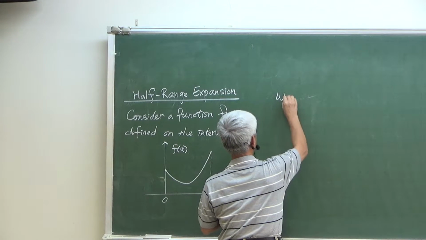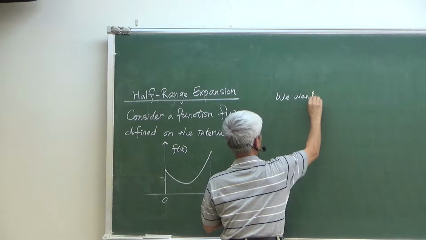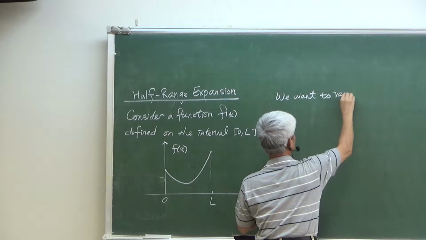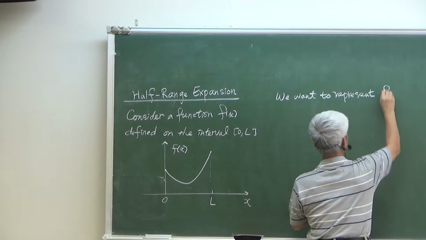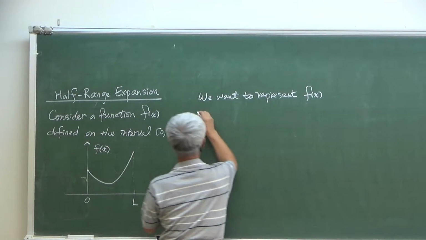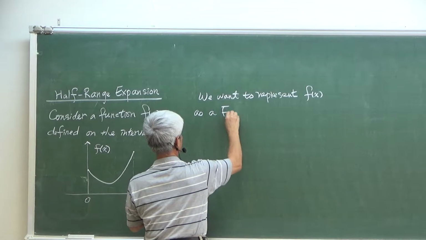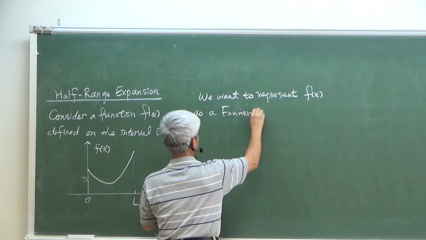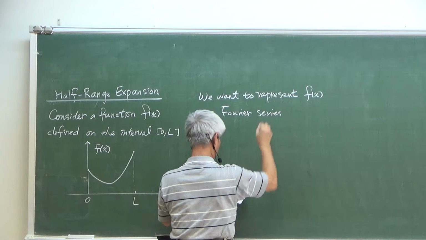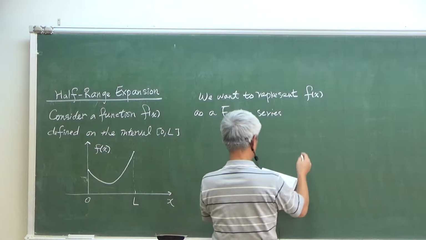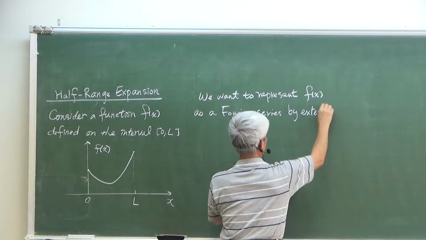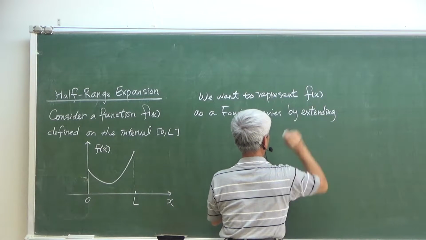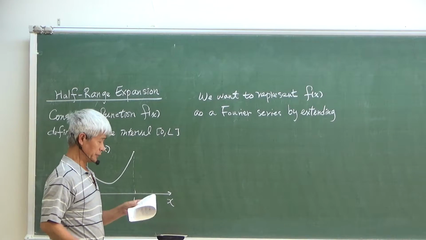And our purpose is we want to represent f of x as a Fourier series. How can we do so?